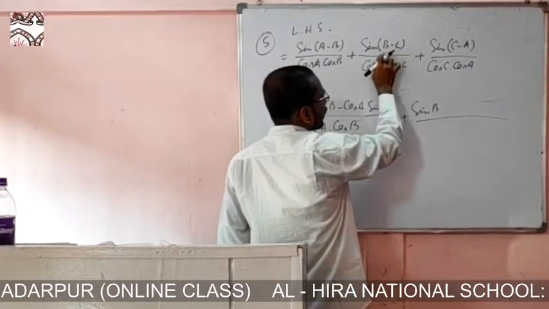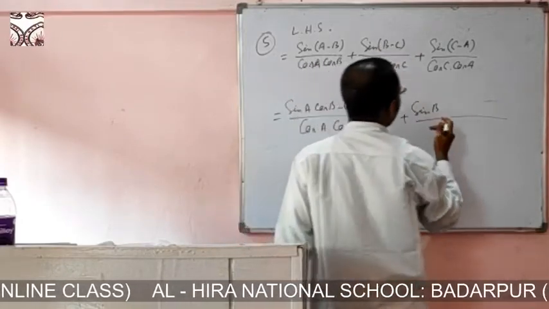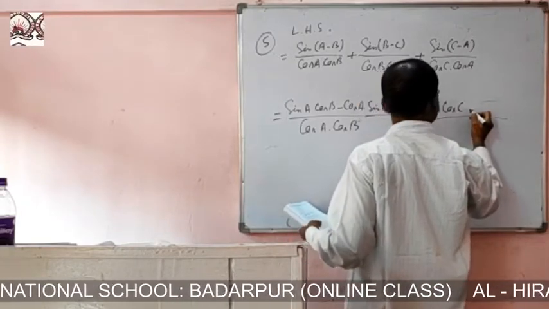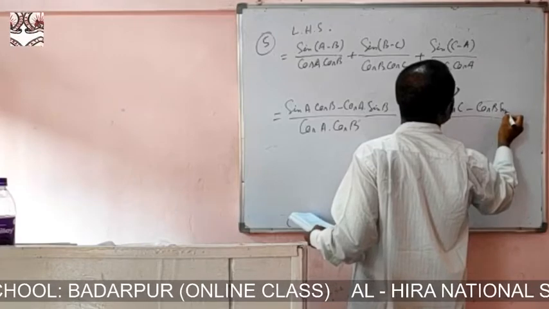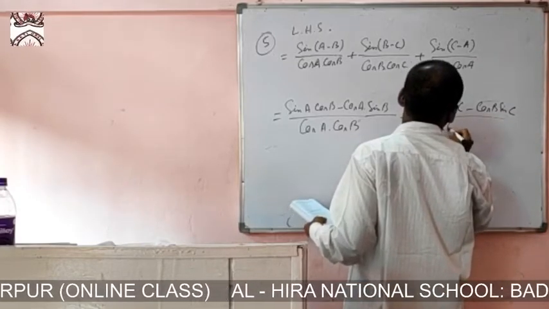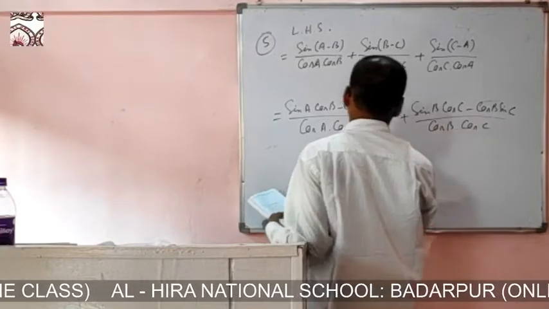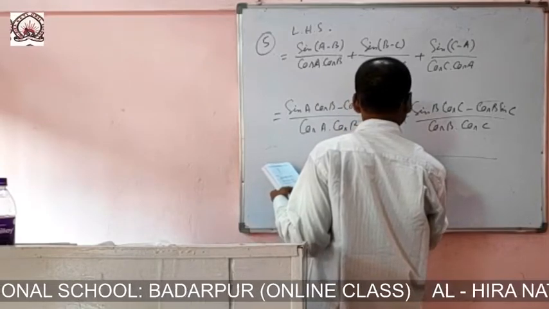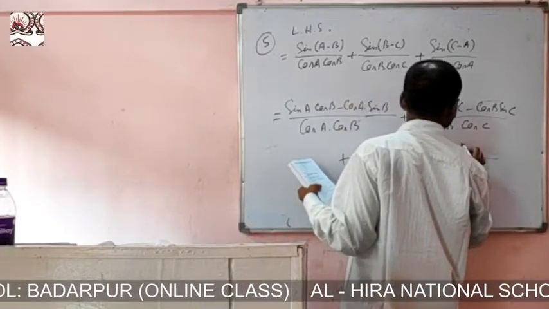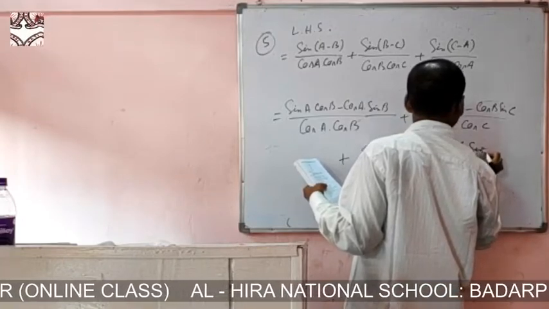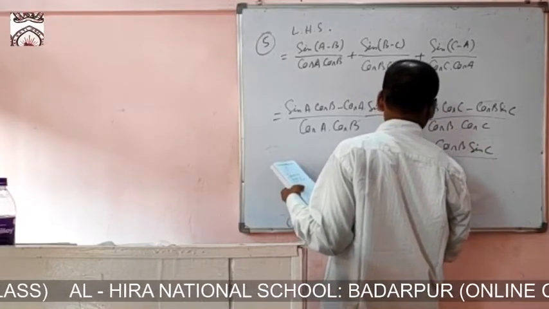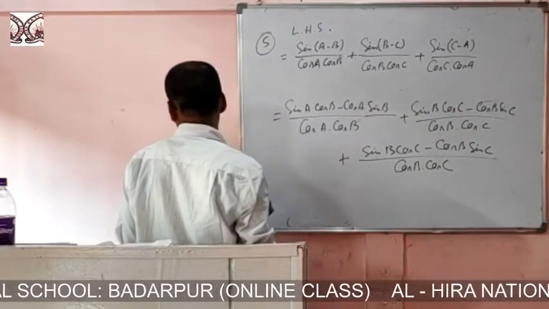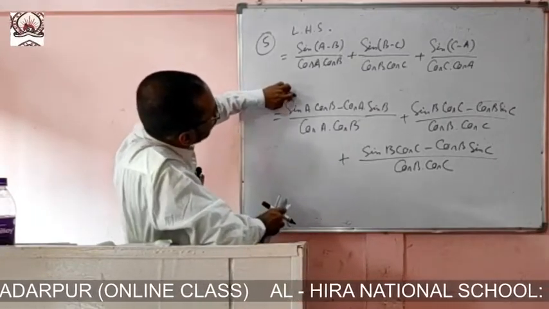Here A is B and B is C. So sin B cos C minus cos B sin C by cos B cos C. Like this, the third one will be sin(C minus A).